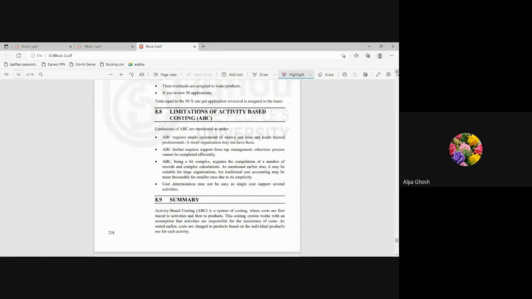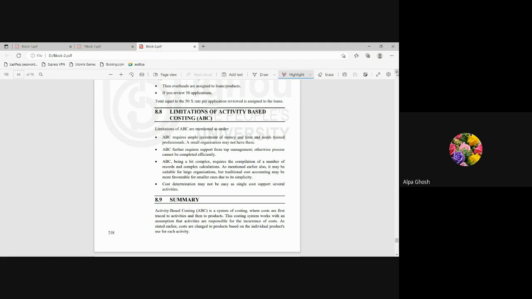See, you can go with the limitations. There are so many limitations. Activity-based costing requires ample investment of money and time, and we need trained professionals to go with activity-based costing. This is specifically not for management students. Costing is done at the factory level and it is done by the cost accountants. There are chartered accountants who are specifically professionally trained for activity-based costing.